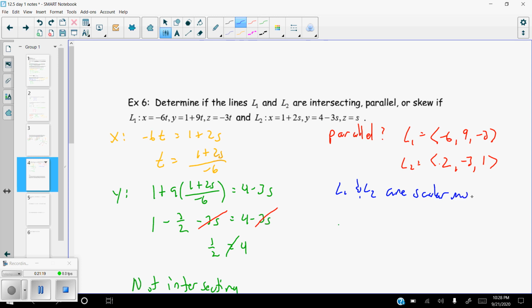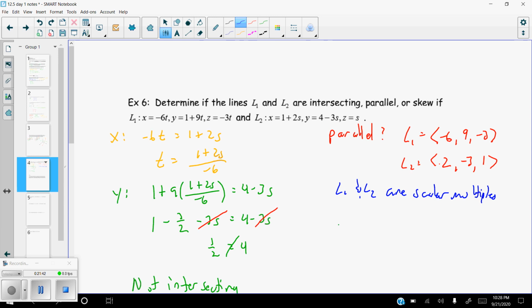Scalar multiples. Because basically what that means is I could take one vector, multiply it by a scalar, and I'm going to get the other vector. So really it means that they're exactly the same direction. One of them in this case has a slightly different length to it, but they are exactly in the same direction, so they are parallel.